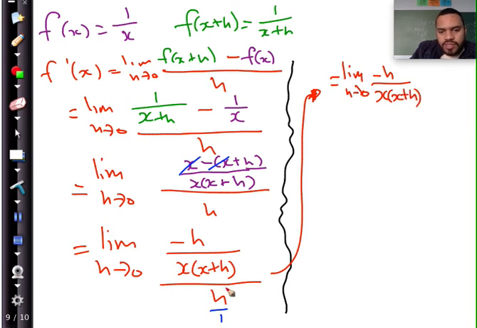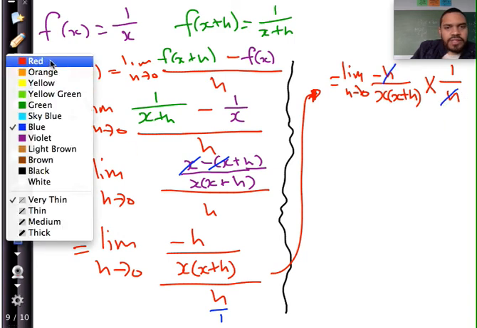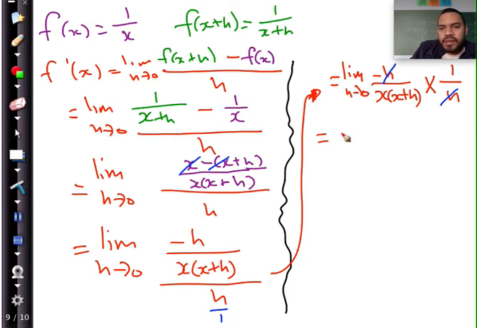This was divided by h over 1. So now we're going to multiply by 1 over h. And now that and that cancel. What am I left with? Limit as h tends to 0 of negative 1 over x into x plus h.